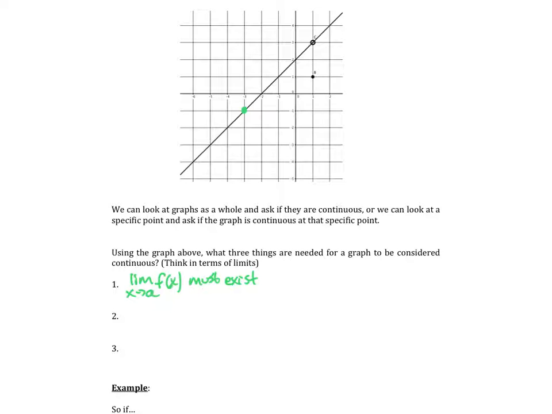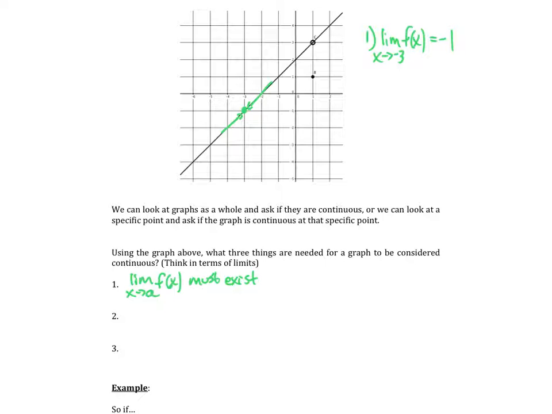So let's check this out for both -3 and +1. Is the limit as I approach -3 going to exist? Yeah, that limit, the limit as x approaches -3 of f of x equals -1.